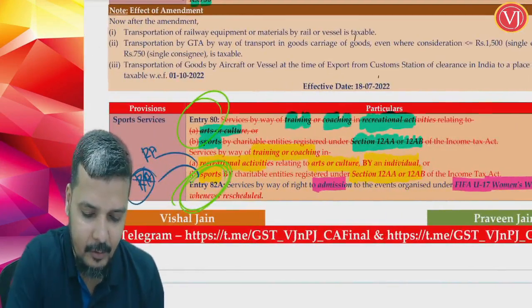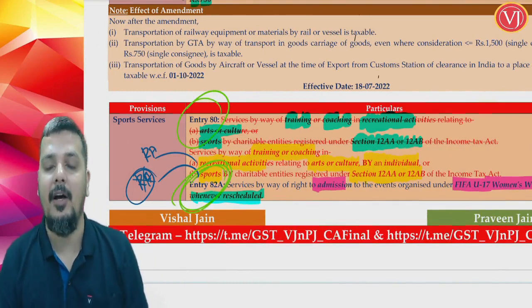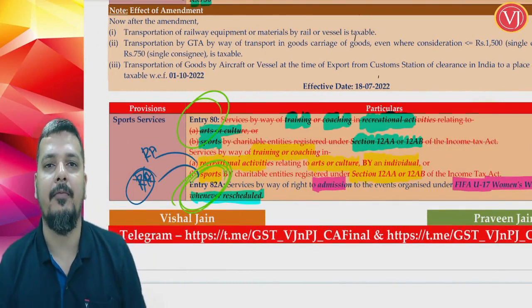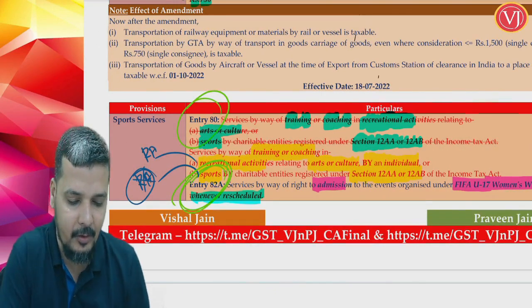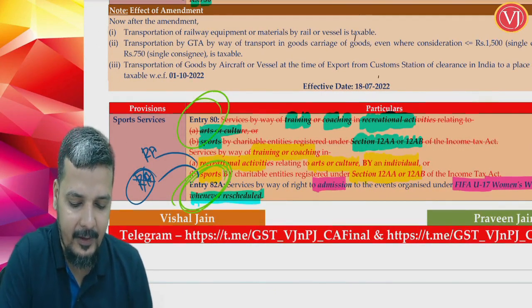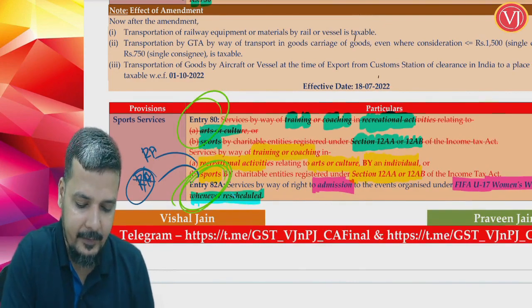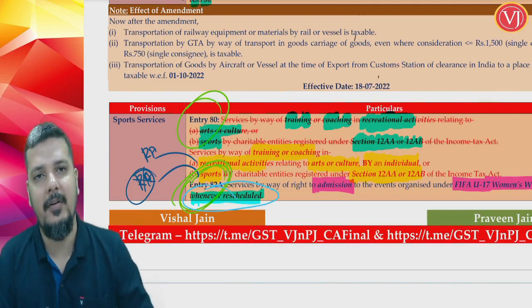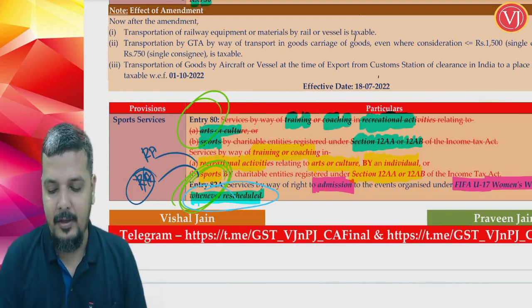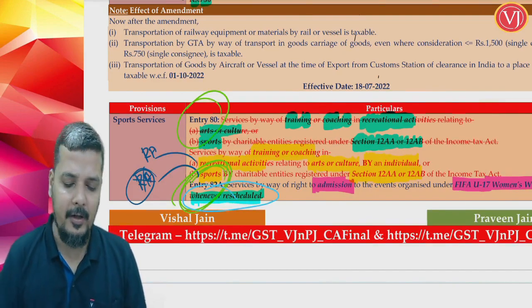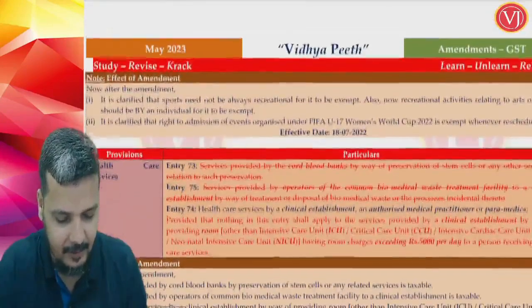Whenever that event happens in India, which will happen anytime soon, the ticket fees would be exempted. So they have just added the words whenever rescheduled. It is not yet scheduled. So whenever it is rescheduled, the ticket fees for FIFA Under 17 Women's World Cup would be exempt. They have added the term whenever rescheduled, not much significant.